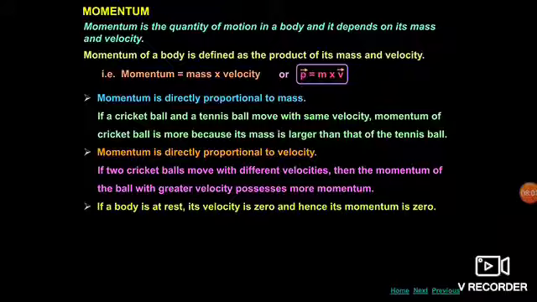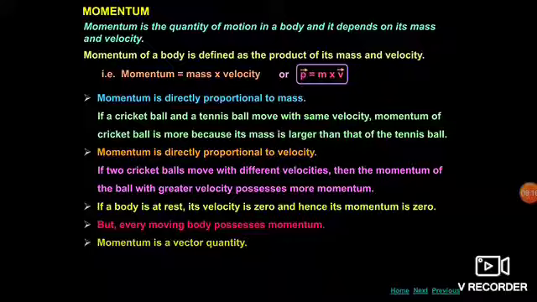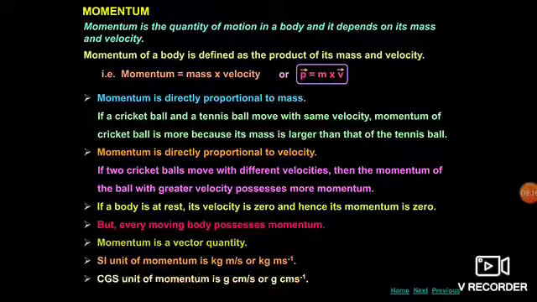If a body is at rest, its velocity is 0 and its momentum is also 0. But every moving body possesses momentum. Momentum is a vector quantity. SI unit of momentum is kilogram meter per second, or kg m s^-1. CGS unit of momentum is gram centimeter per second, or g cm s^-1.